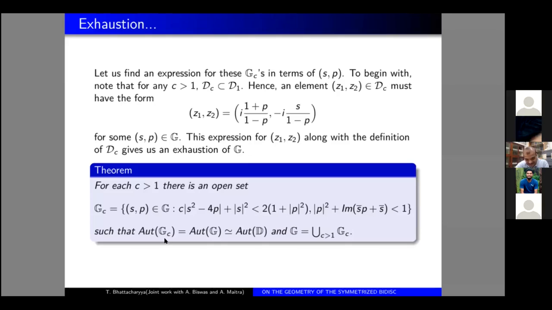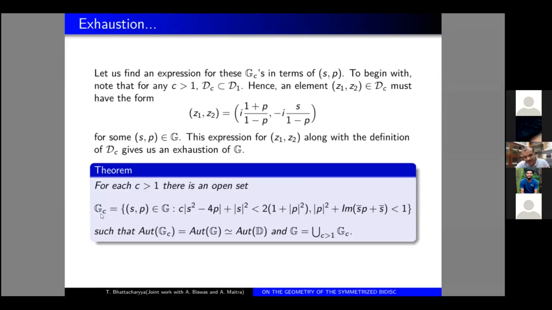So this G_C, people who work with the symmetrized bidisc will notice that this actually corresponds with a certain known characterization of the symmetrized bidisc. We have just put in the C here. Otherwise, it's a known characterization.